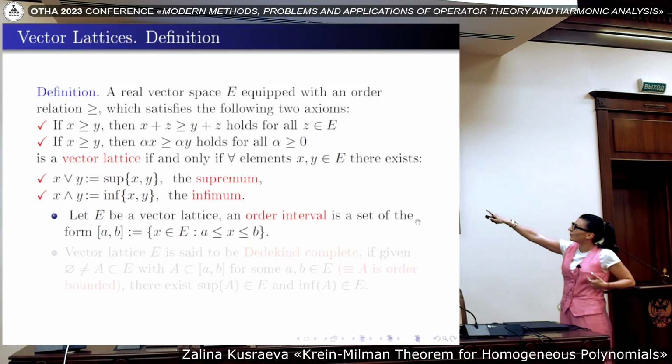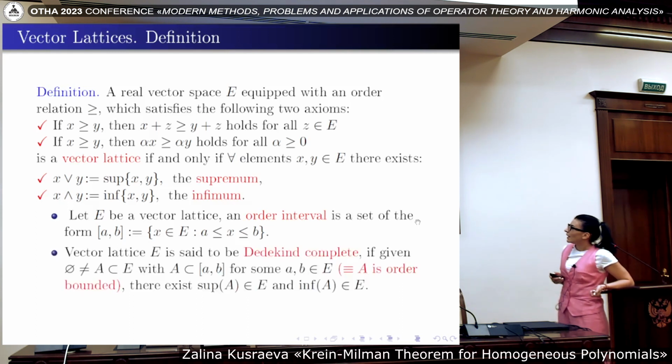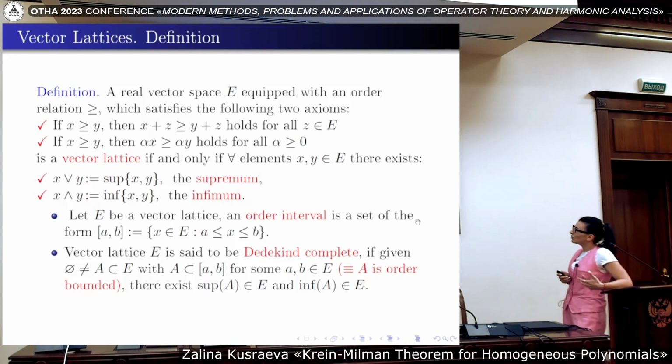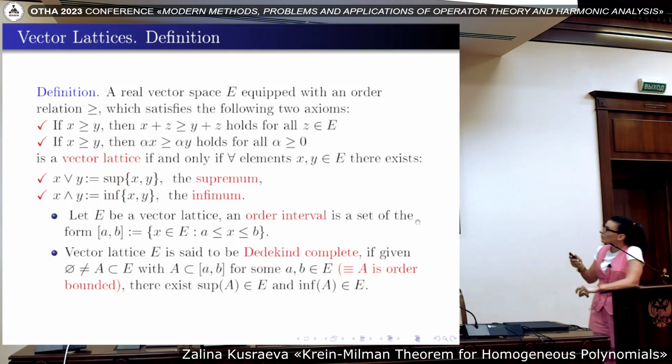It is a set of the form [a, b], and the vector lattice E is said to be Dedekind complete. It is so called in European literature. In Russian literature, it is a Kantorovich space, K-space. So we call by this term the vector lattice if for any order bounded set there exists a supremum and infimum.